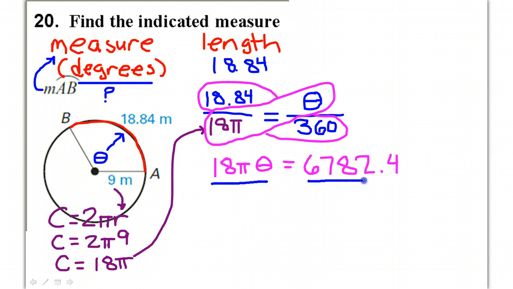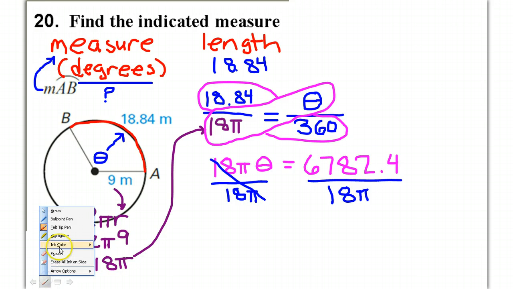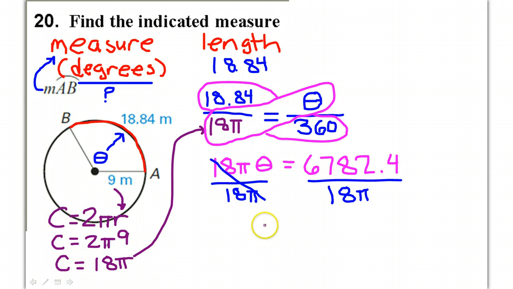So now I need to divide both sides by 18 pi to get theta by itself. So divide, 18 pi, 18 pi. Okay, so the 18 pi is going to cancel out, and that's just going to leave me with the answer. Theta equals.